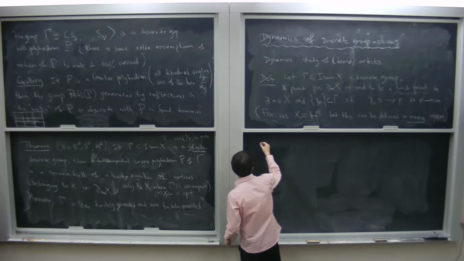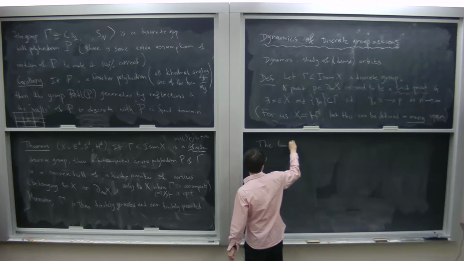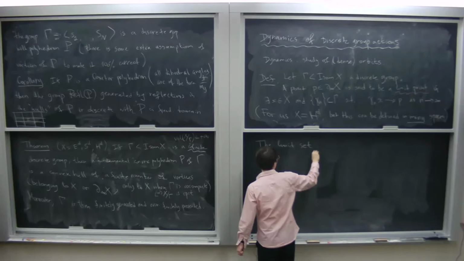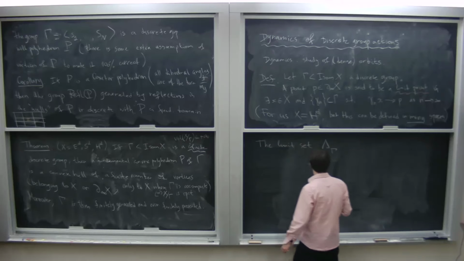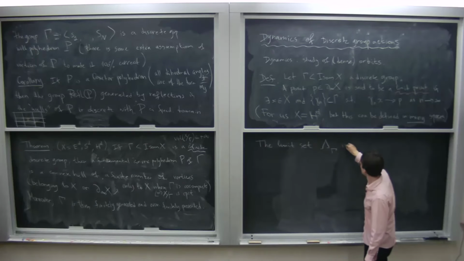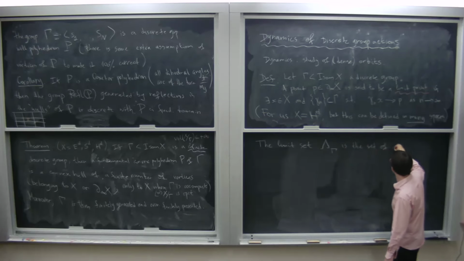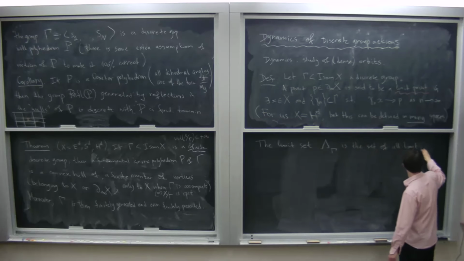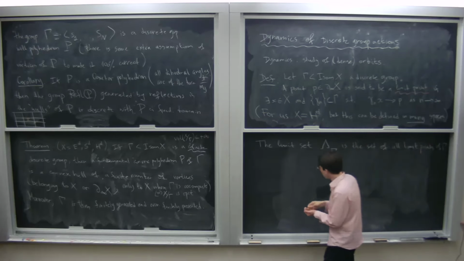The limit set of gamma, I will denote it as lambda gamma, is the set of all limit points of gamma.